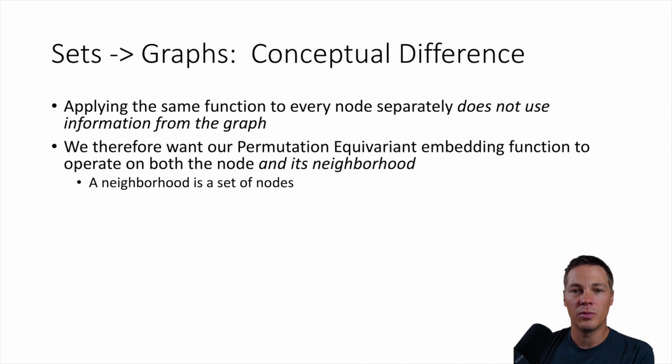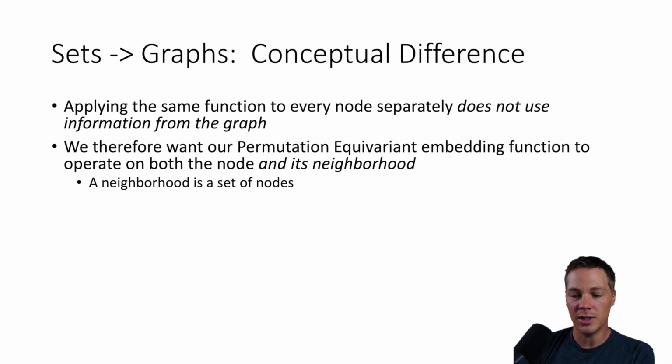But there's a conceptual difference here as well. So before, we were applying the same function to every node separately in this permutation equivariant way. However, that doesn't use any information from the graph. That's just a function being applied to every individual node without any consideration for its neighbors. But we want our permutation equivariant function, which calculates our node embeddings, to operate not just on the node itself, but also on its neighborhood.